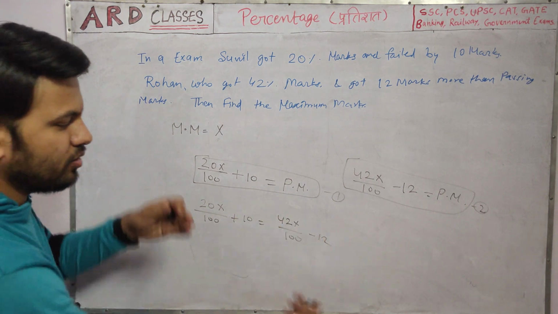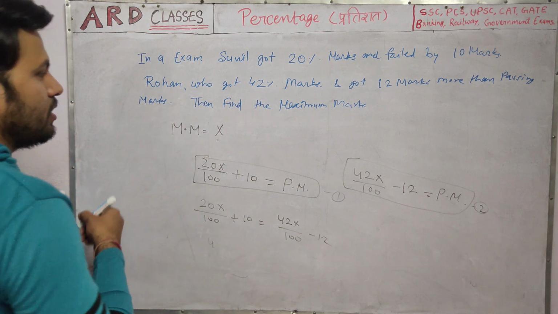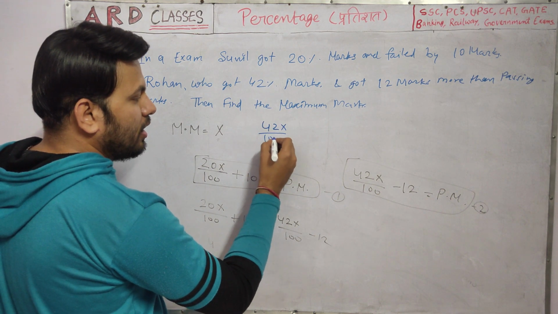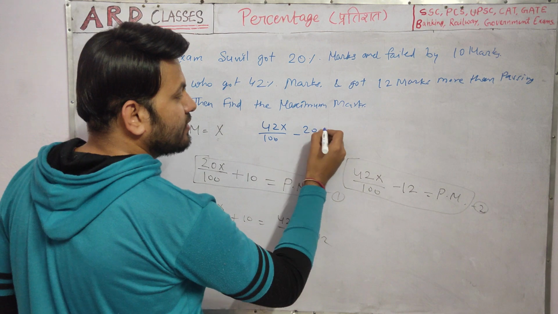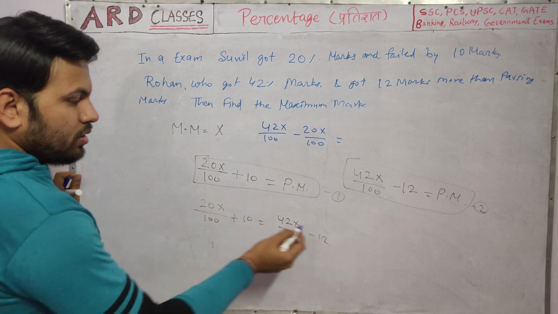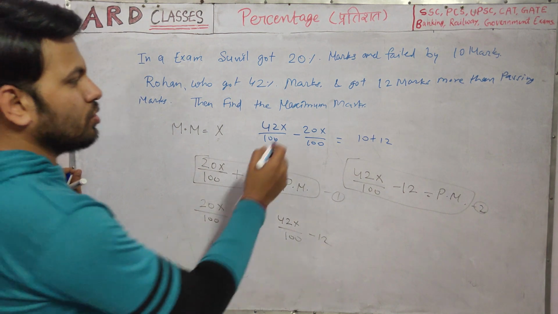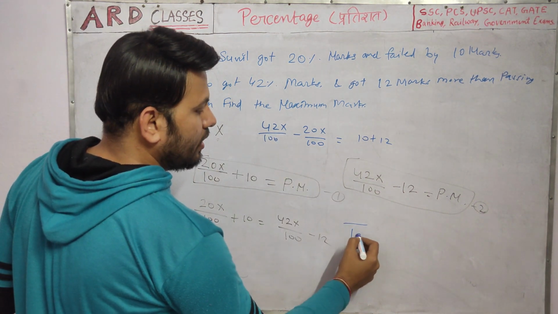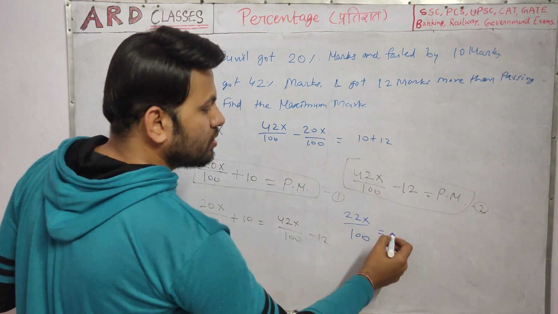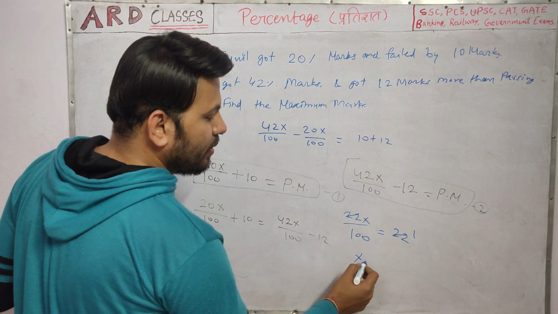So 42x upon 100 minus 20x upon 100 equals 10 plus 12. 42 minus 20, 22x by 100 equals 10 plus 12, which is 22. Cancel 22, it will be 1, x will become 100.